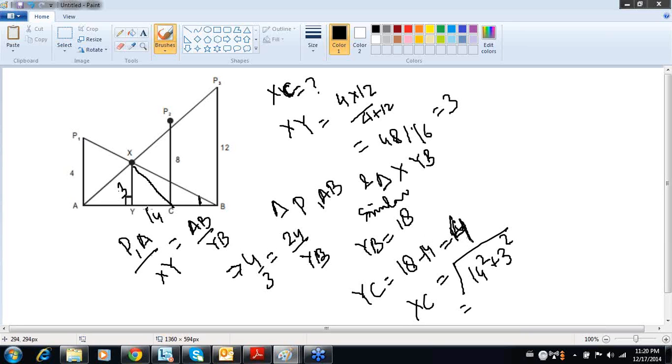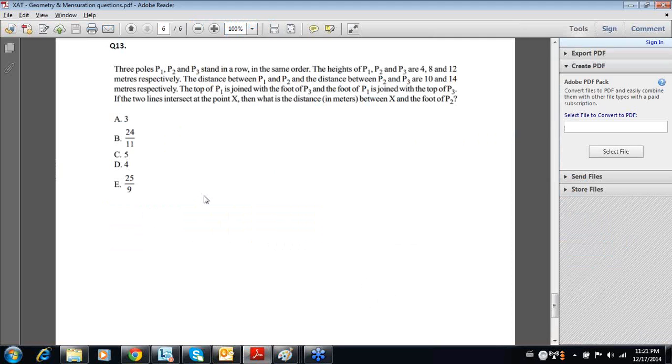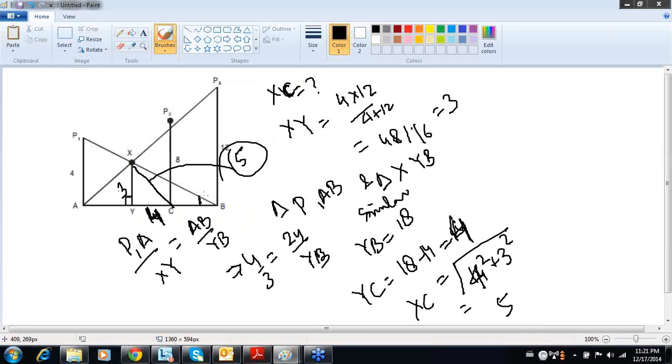YC is 4. So XC is under root 4 square plus 3 square. That means XC is 5. So XC, the value is 5. So we have option number C. We'll go ahead and mark option number C as 5.